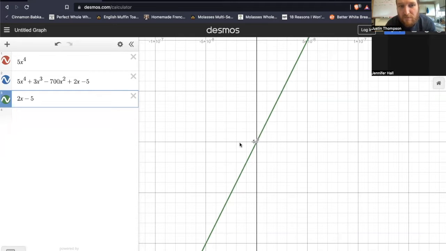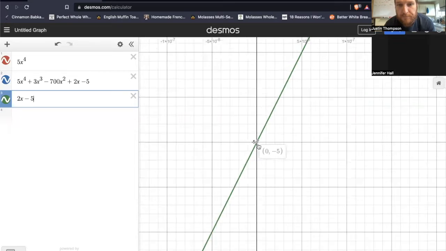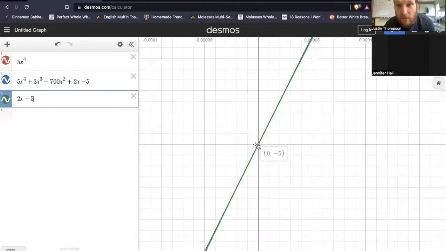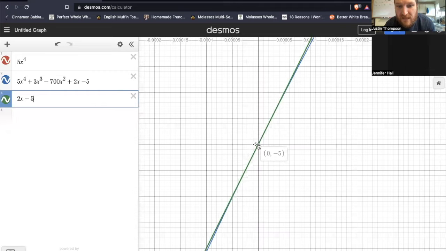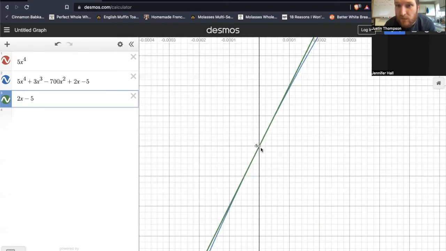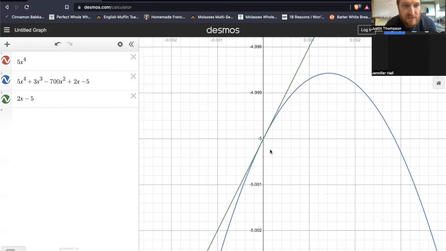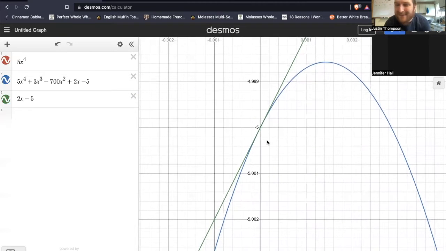And so very close to 0, your polynomial, the thing we're trying to graph, and I'm zooming out now, you can see it starts to break away from that line eventually. But when we're really close, the line 2x minus 5 looks exactly like the polynomial we're trying to graph.